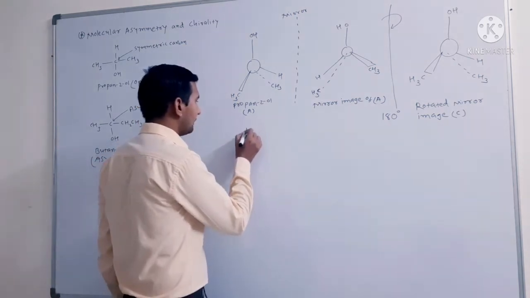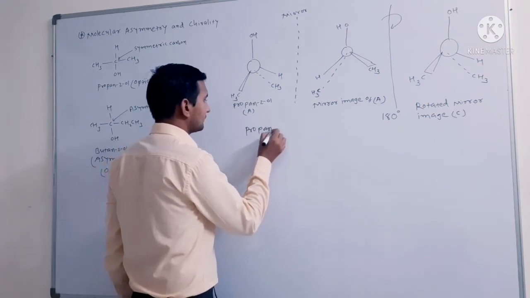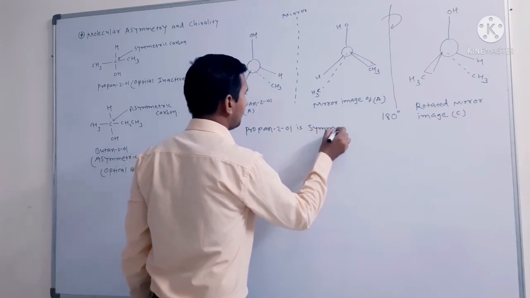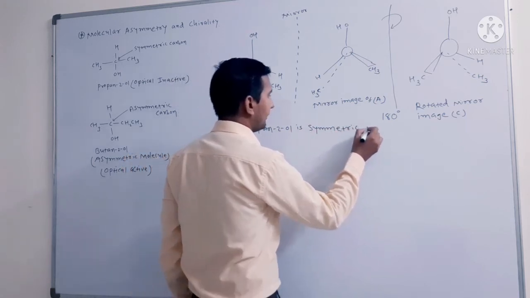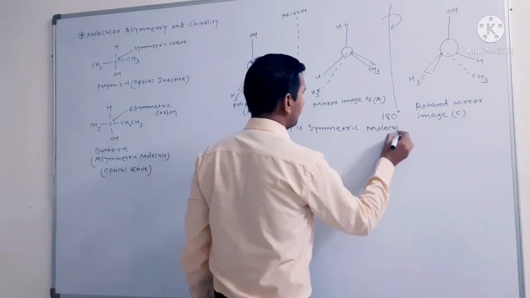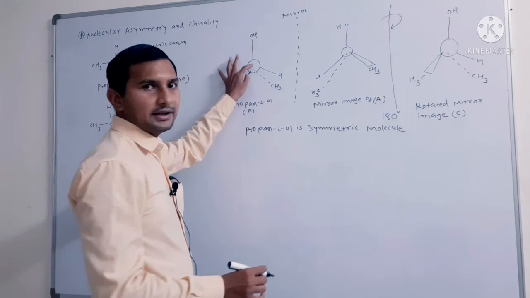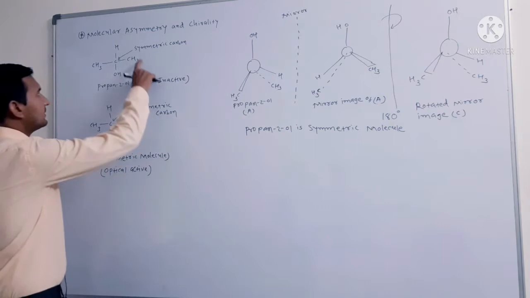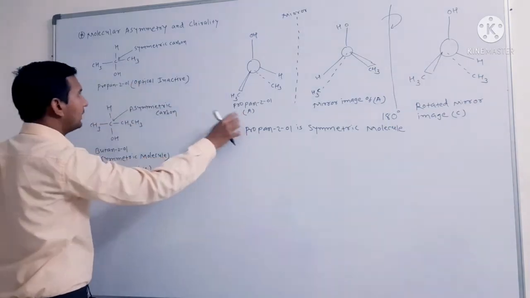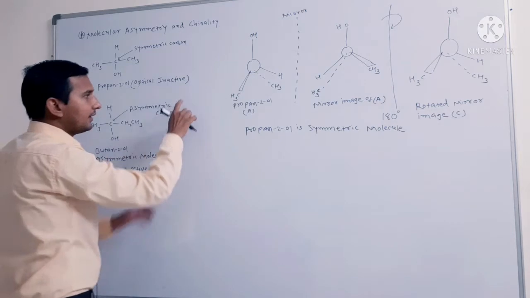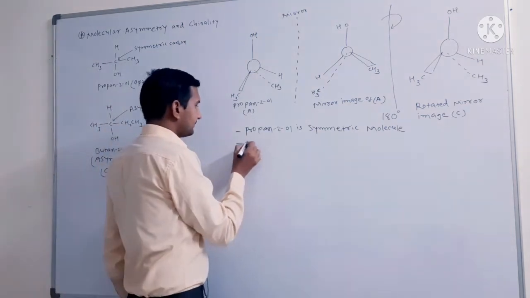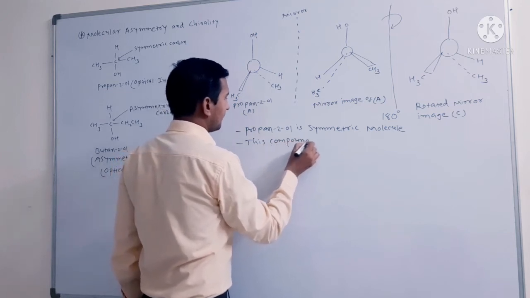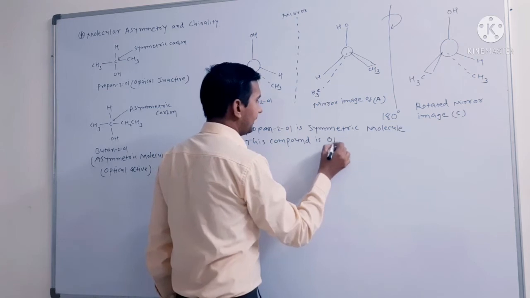So propan-2-ol is a symmetric molecule. The carbon attached to identical groups is therefore called a symmetric carbon, and this type of compound is optically inactive.